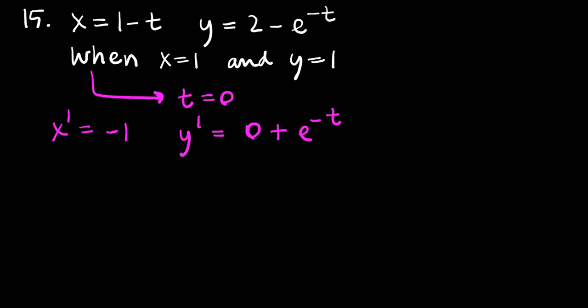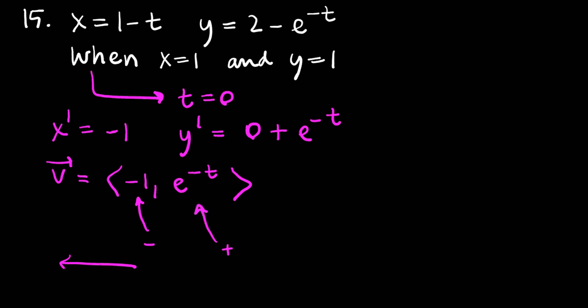And, well, I'll say that my velocity vector at really whenever is going to be negative 1 and e to the negative t, which is negative 1 is always negative, and e to the negative t is always positive. So I can say that it's moving to the left because of the x-coordinate decreasing, and up because of the y-coordinate increasing. So I would conclude that it was going up and to the left.